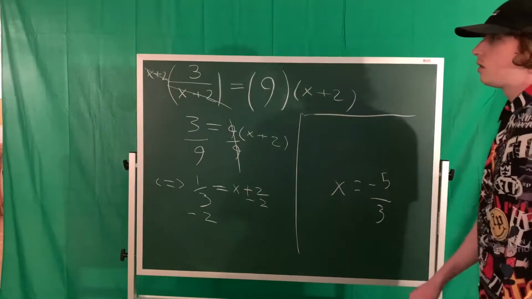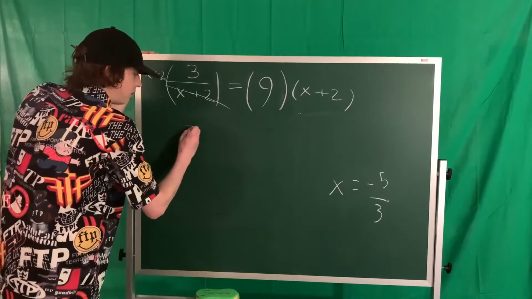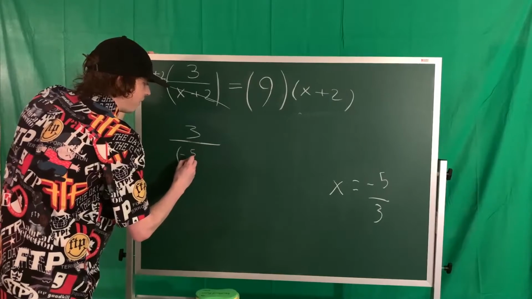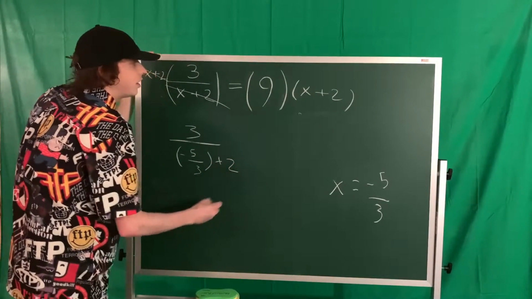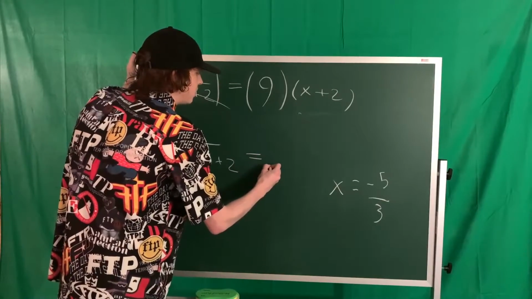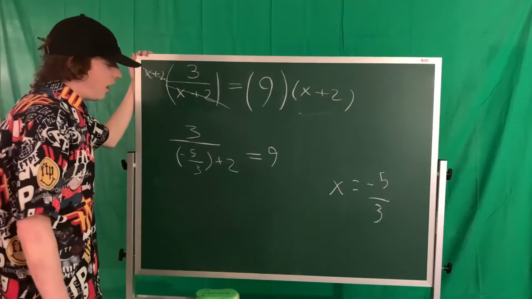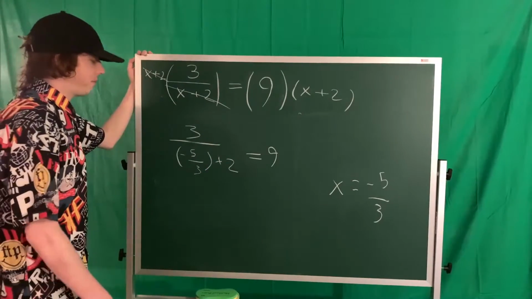So let's plug this in and test it out, right? So we're going to have 3 over negative 5/3 plus 2 is equal to 9. We're going to take it from the original. Now, we can do the same thing as we did prior to simplify this out a bit.